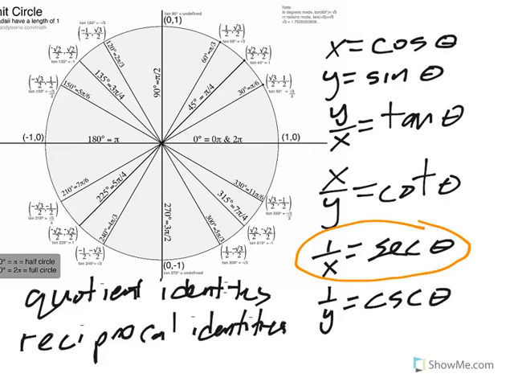Cosine theta is just the x, secant's 1 over x. Cosecant theta is 1 over sine theta, and even cotangent theta is 1 over tangent theta. They're reciprocals of each other. Tangent theta is 1 over cotangent theta, for that matter. I mention this because you'll see these things written this way, and hopefully at some point you get to the point where it's all the same thing.